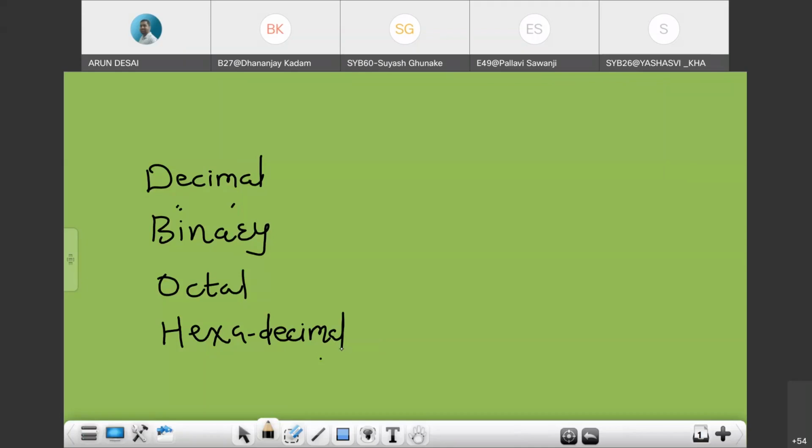Put it in chat. Okay, all good. Tell me what symbols are used for these number systems.